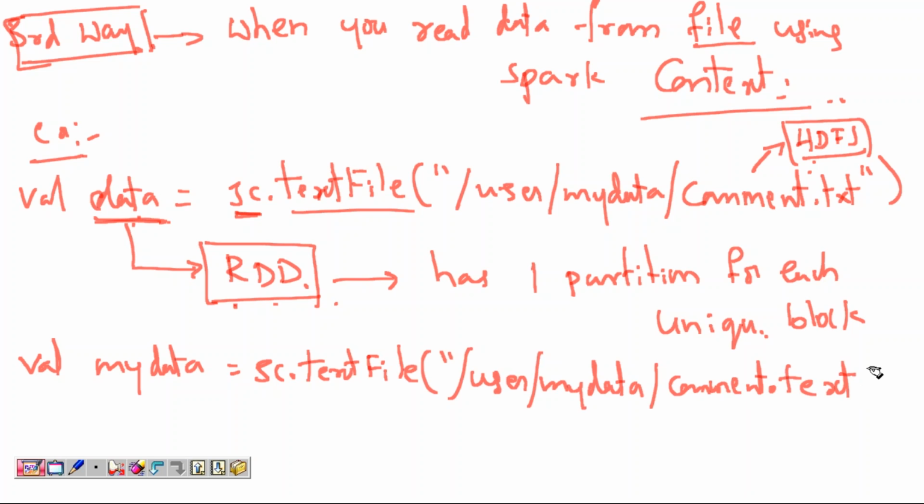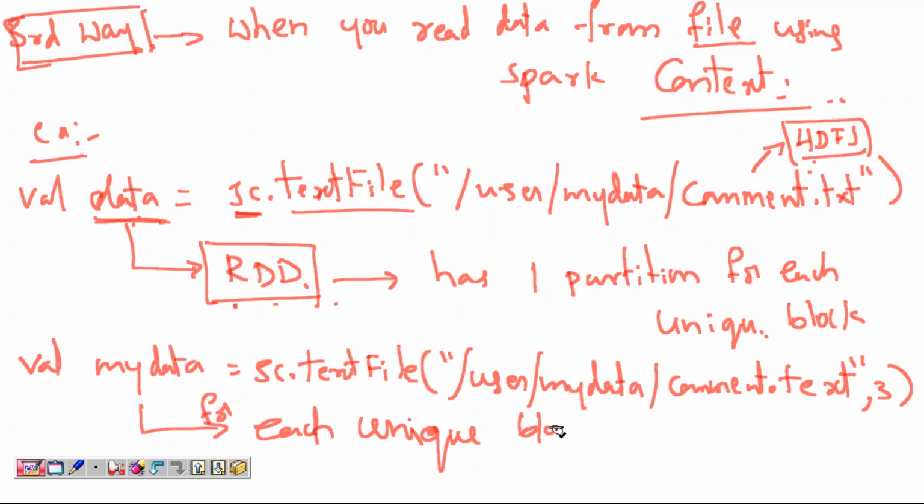I'm not closing this; I'm saying 3. Now each block is divided into 3 partitions. For each unique block, 3 partitions. During computation, all these partitions will be distributed into different slaves, that means different RAMs of different slaves.